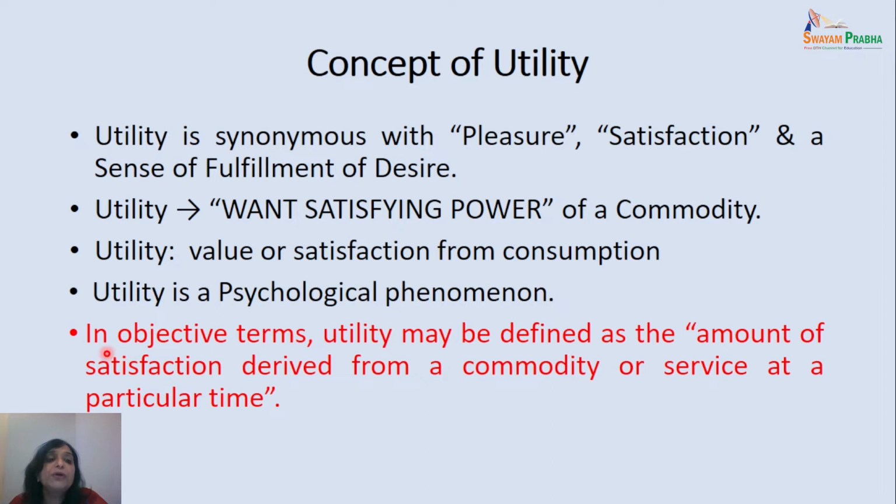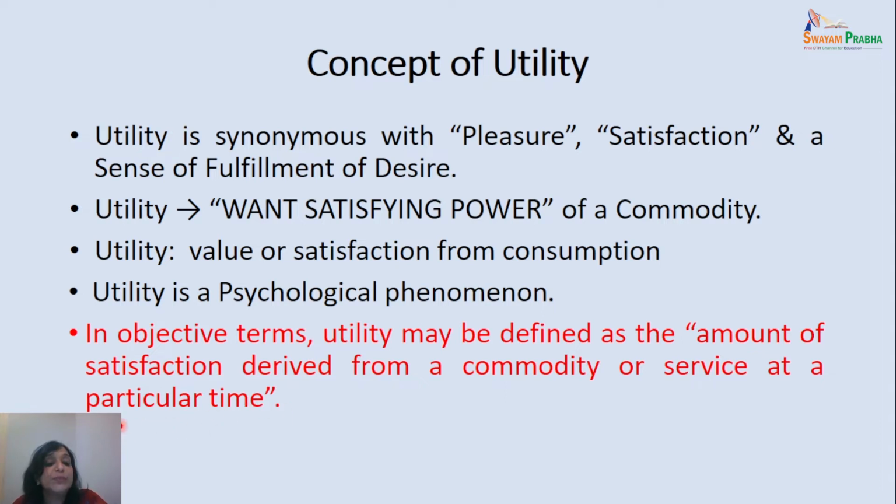So when we talk in objective terms, if we want to formally define utility, we say utility is the amount of satisfaction derived from a commodity or service at a particular time. That is, at a particular point of time, the satisfaction which a consumer is getting by consumption of a commodity or service is called utility.